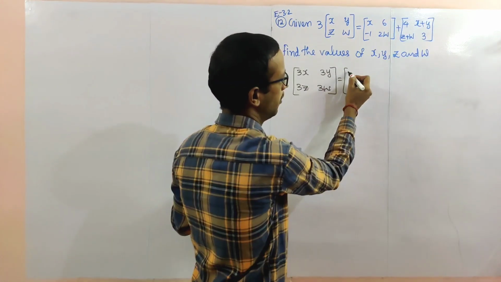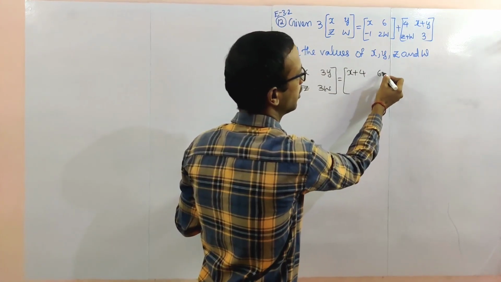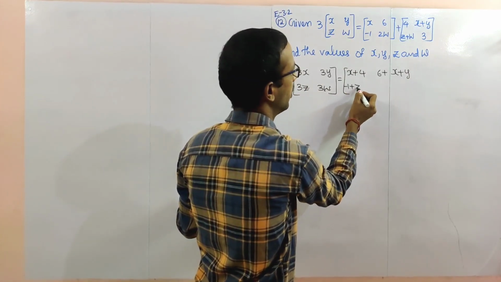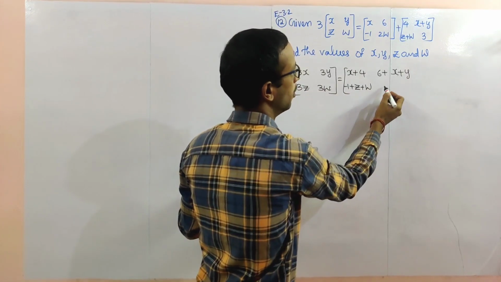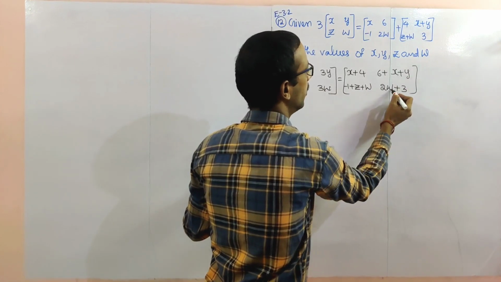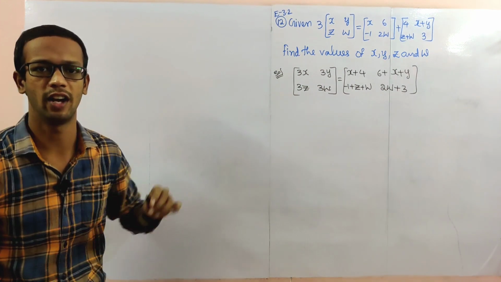How will we do it? First element 6 plus x plus y. Next minus 1 plus z plus w. 2w plus 3. So just addition I did.